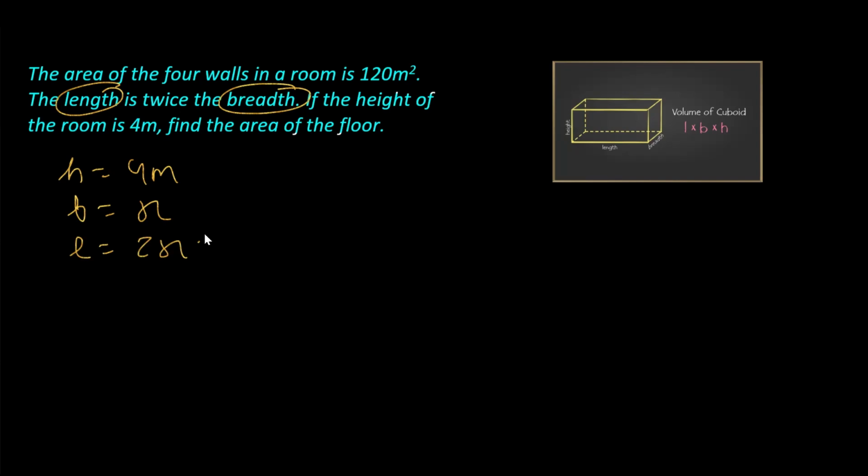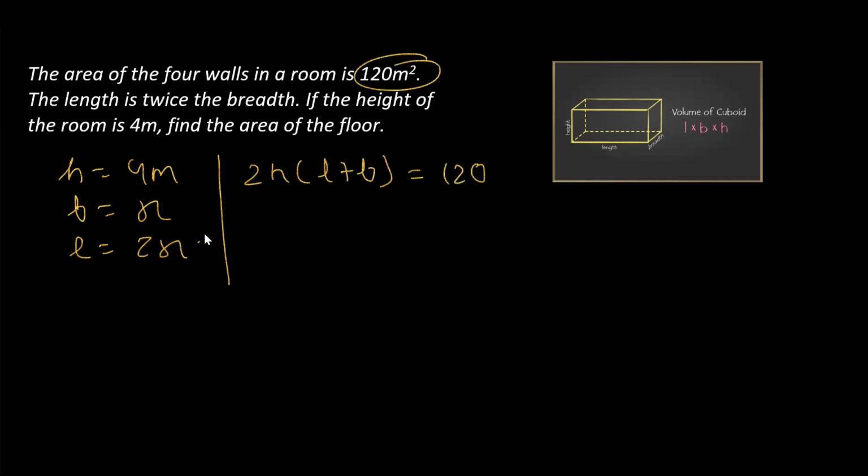So once we have the length and breadth, we are given the area of 4 walls. And what is the formula for the area of 4 walls? It is 2h bracket L plus B, which is given to us as 120 meters square. So let's substitute the value.